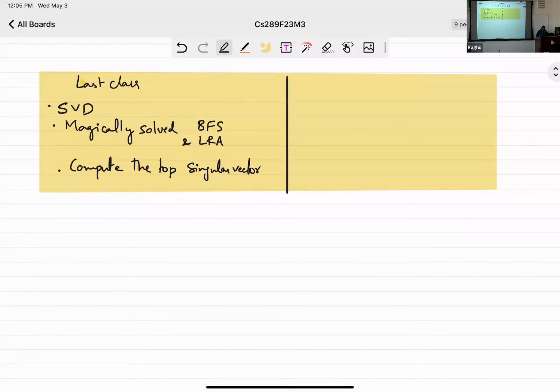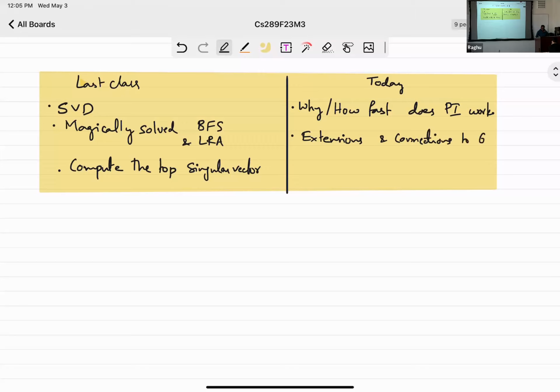Okay. And what we are going to do today is to try and understand why the thing that we do works, and how fast does power iteration work, right? And then we'll discuss some extensions and connections of power iteration to gradient descent. And then I'll say some remarks on the variance of power iteration.